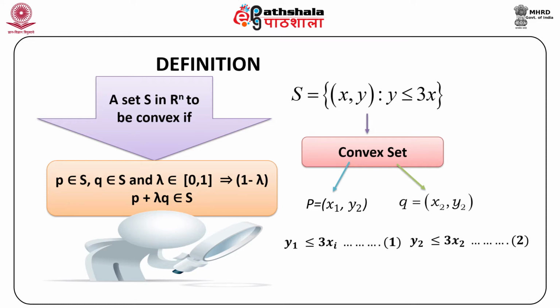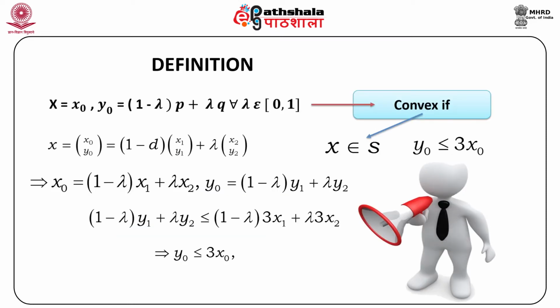Let P equal to (x1, y1) and Q equal to (x2, y2) be 2 points belonging to the given set. Then y1 is less than or equal to 3x1 and y2 is less than or equal to 3x2. The set S will be convex if X belongs to S, that is, y naught is less than or equal to 3x naught.